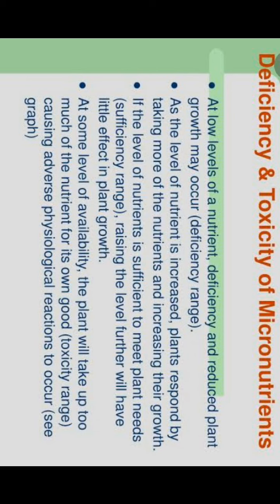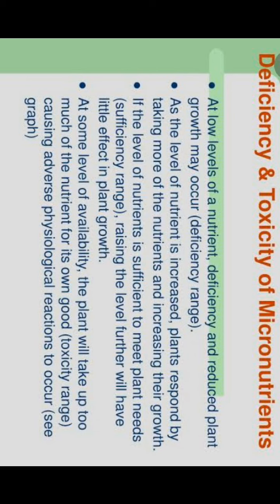As the level of nutrient is increased, plants respond to take more of the nutrients and increase their growth. See the third point, students, on the screen. If the level of the nutrients is sufficient to meet plant needs, raising the level further will have little effect on plant growth.